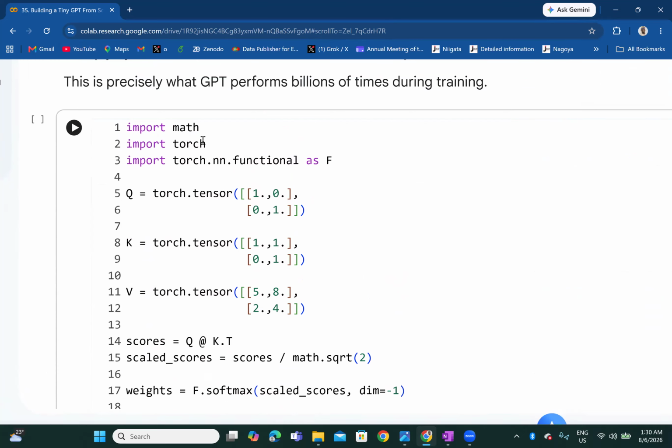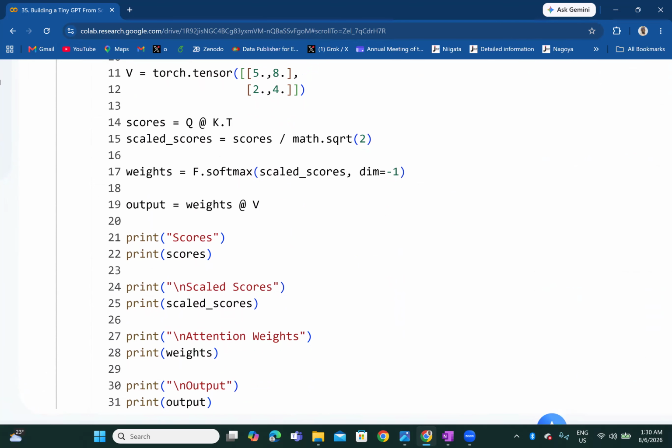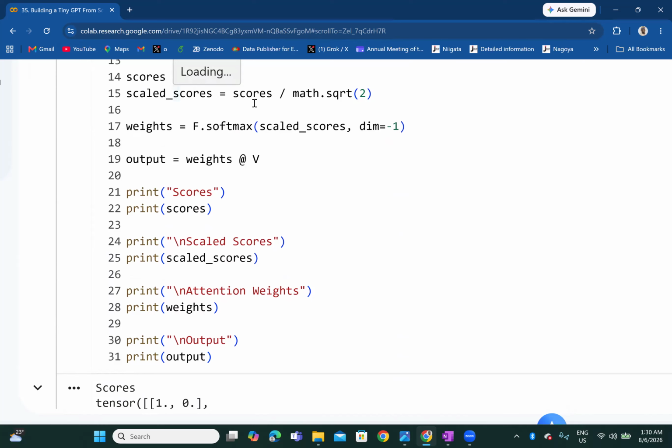So you can import math, import torch.nn.functional as F. So imagine the query, using PyTorch now, is 1001. The key is 1101 and V, the value, is 5824. So the scores can be computed as Q multiplied by K transpose. Then the scaled scores are the scores over square root of 2.